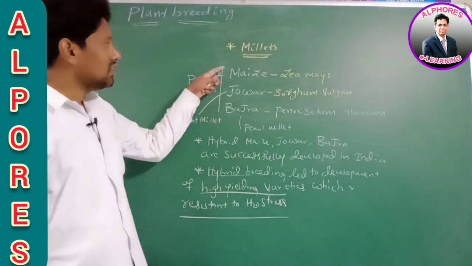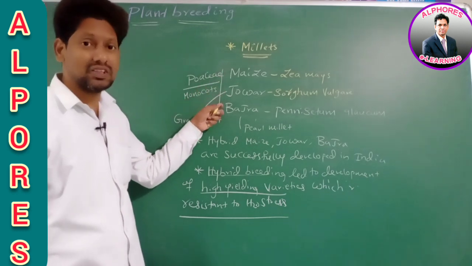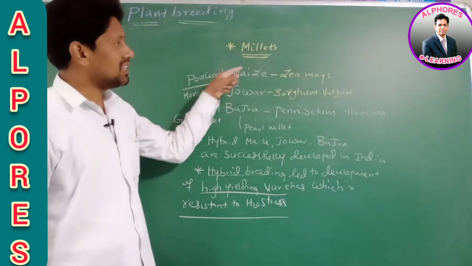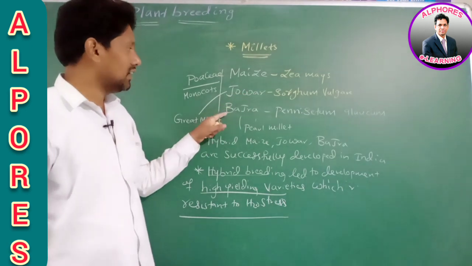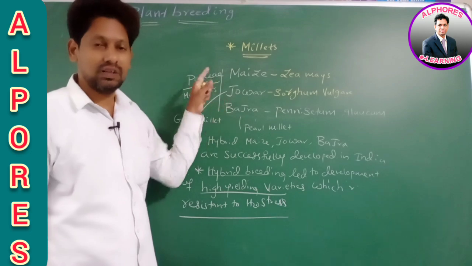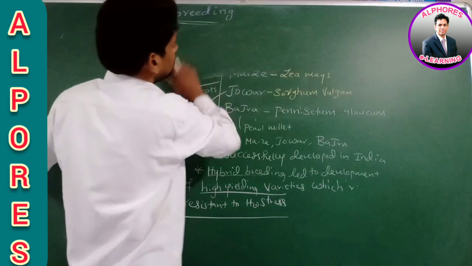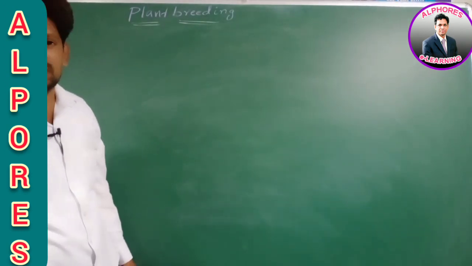Maize, jowar, bajra: these three are examples of millets. Maize, Zea mays; jowar, Sorghum vulgare; bajra, Pennisetum glaucum. This is about millets.